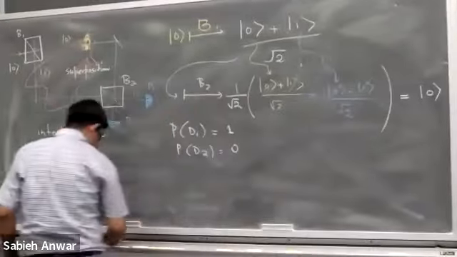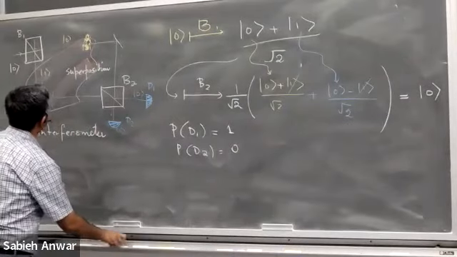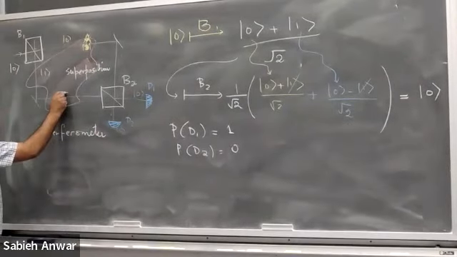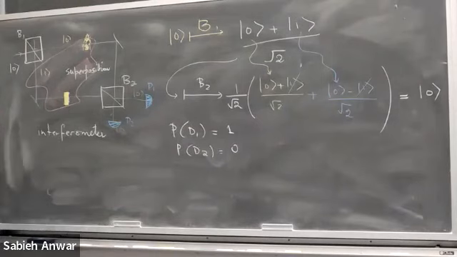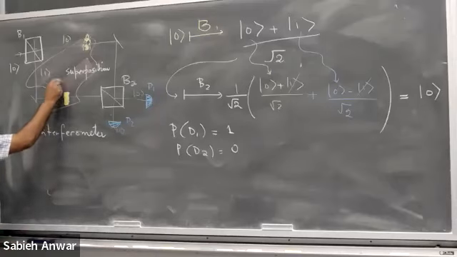If in this experiment, you put in one of the paths an object, some medium, some piece of glass, this object also has some truth table. Suppose this medium, I call it a phase medium.